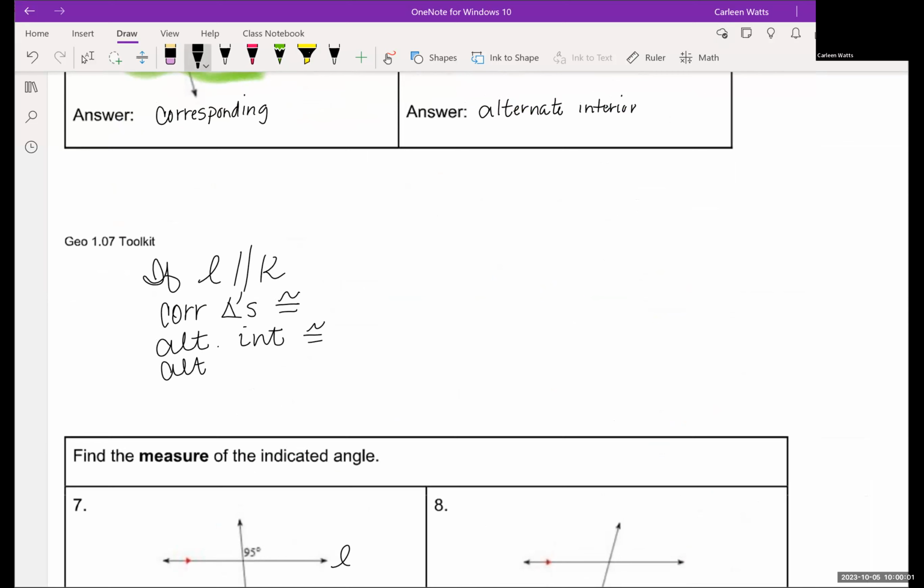Alternate exterior angles are congruent. What about linear pair? Linear pair are not congruent, are they? What do we know about a linear pair?